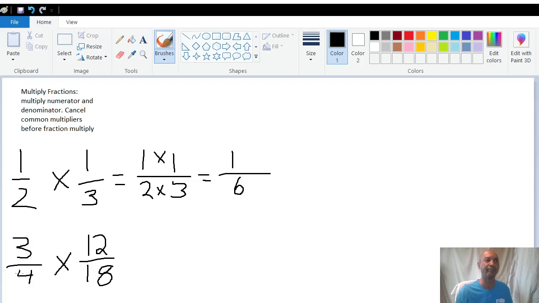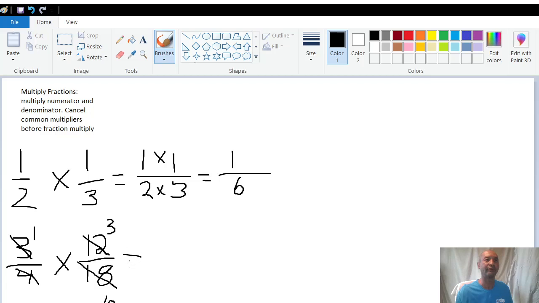So here, we can take a 4 out of that 4 and then take a 4 out of this one, which will leave us 3. And over here, we can take this 3 and reduce that to a 1 and also take out a 3. 3 times what equals 18? That's 6.